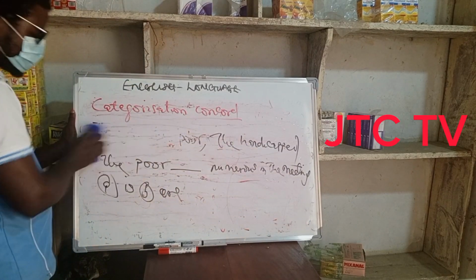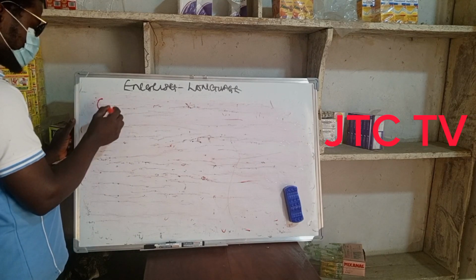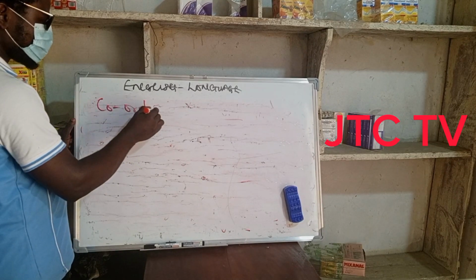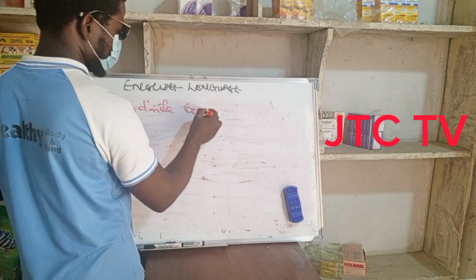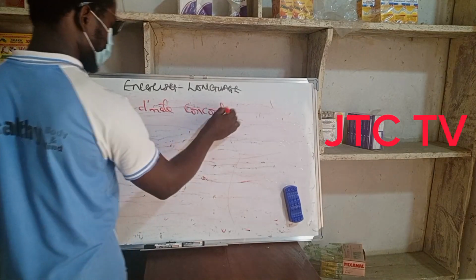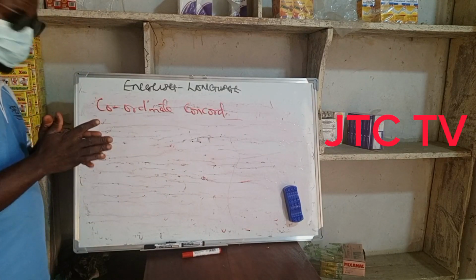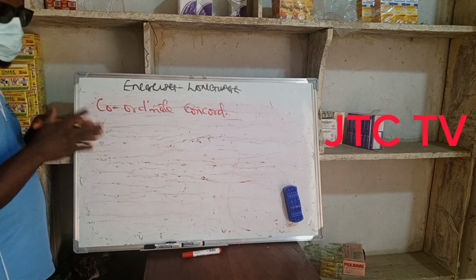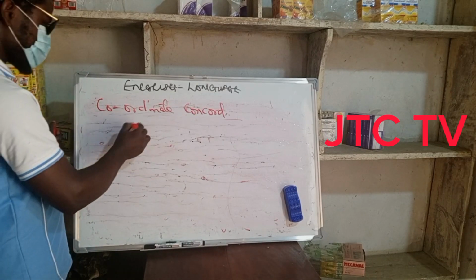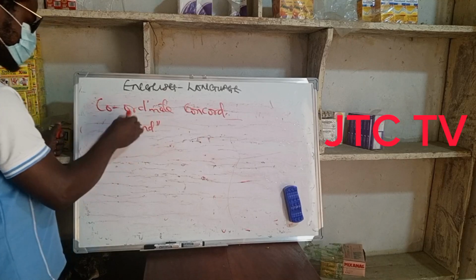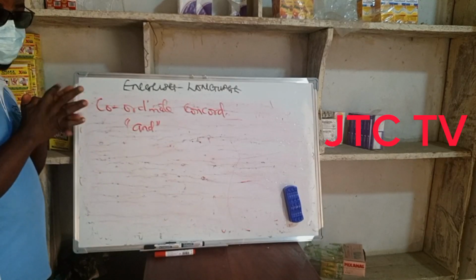So that is it. The final one is coordinate concord. Coordinate concord. So in this concord, whenever you have two subjects joined together with the conjunction and, the verb of that sentence automatically becomes plural.